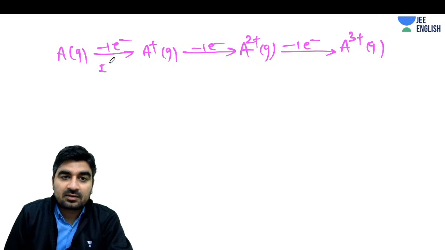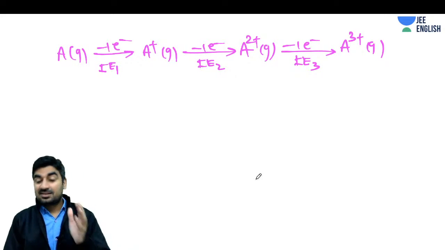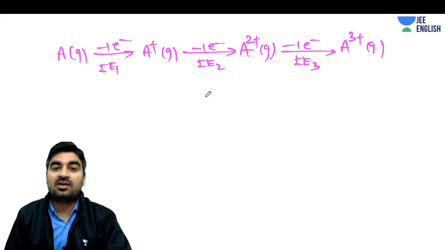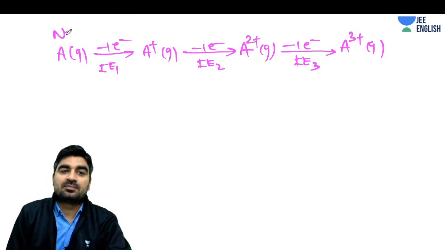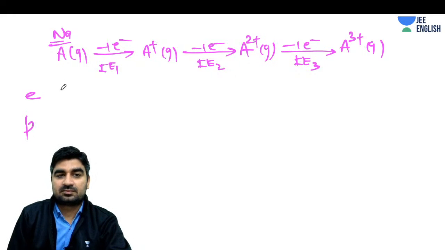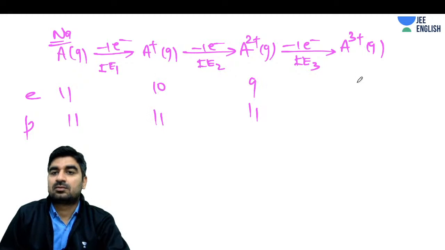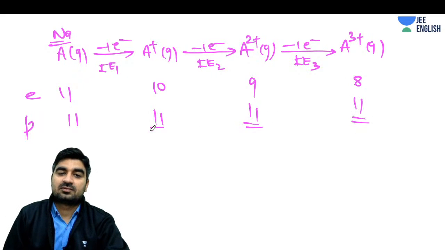So what I'm saying, I1, I2, I3, these are called successive ionization energies. So suppose I'm taking this as sodium, the number of electrons and protons will be 11, 10, 9, 8. So number of protons are fixed.